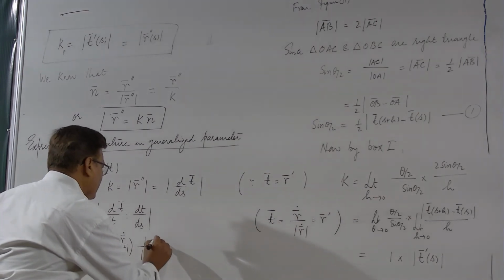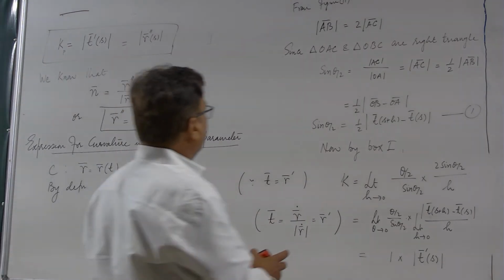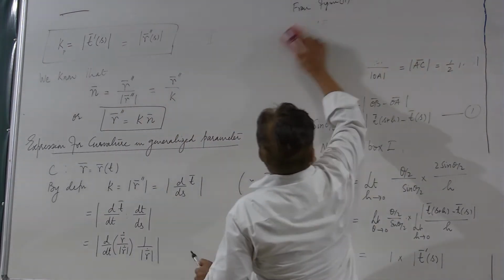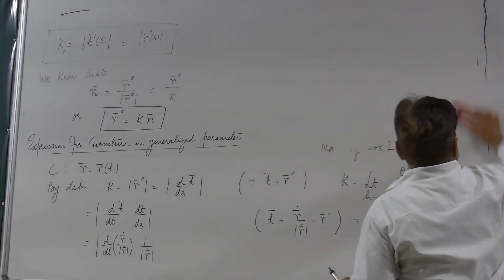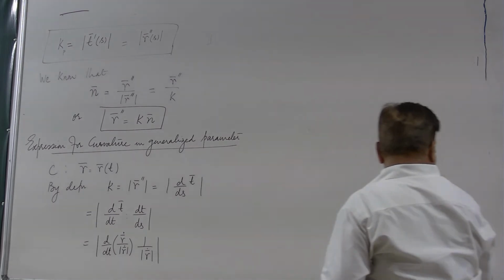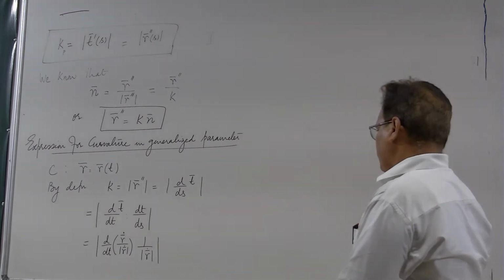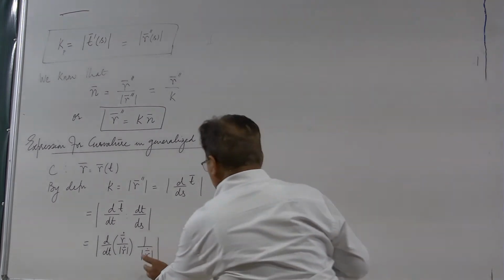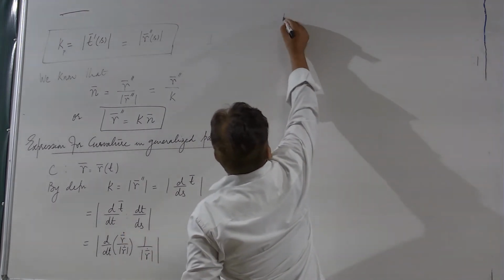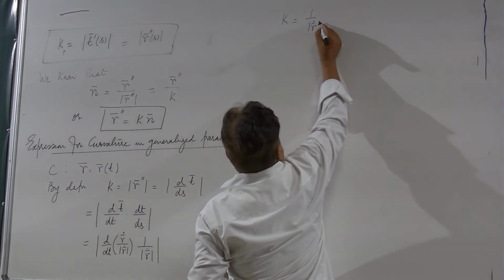All these things are known to us, so I have to do nothing but just differentiate it with respect to the generalized parameter. Keep 1 upon mod r dot out; the left-hand side is k.